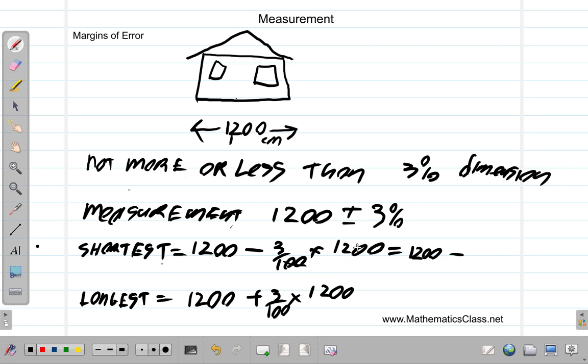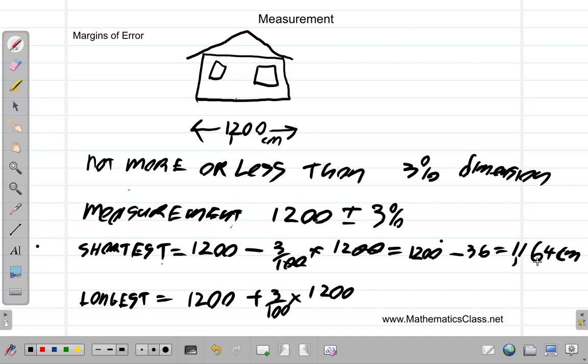You cancel down 100 into 1200 is 12, times 3 is 36. So 1200 minus 36. What is 1200 minus 36? That's 1164 cm.